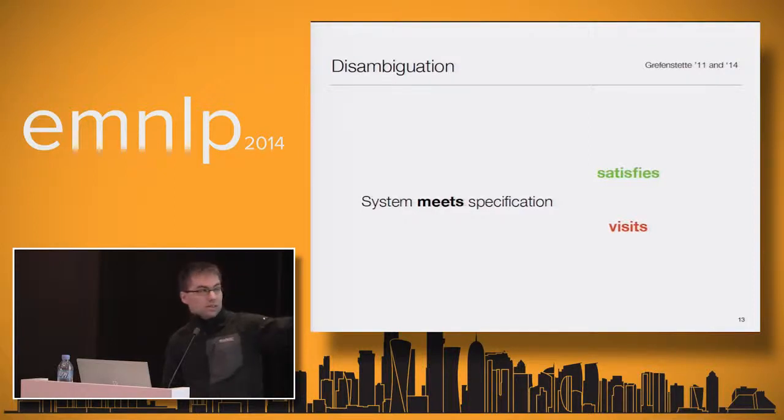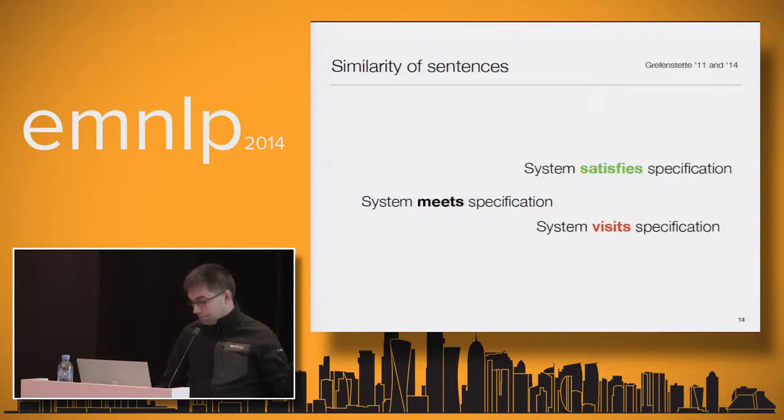But in this context, satisfies is a much more dominant sense than visit. How we do it: for every possible sense, we just add the context, and then we measure the similarity between these sentences. So between the sentence "system meets specification" and "system satisfies specification". And if it's the sense of the verb, the sentences should be similar.